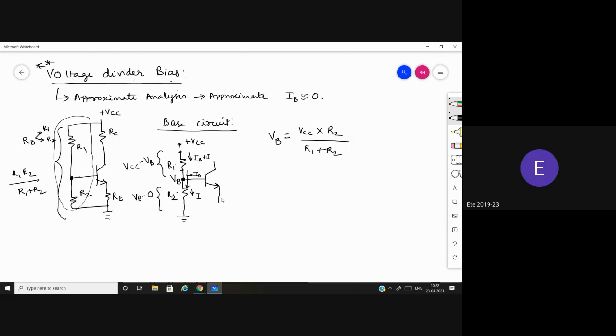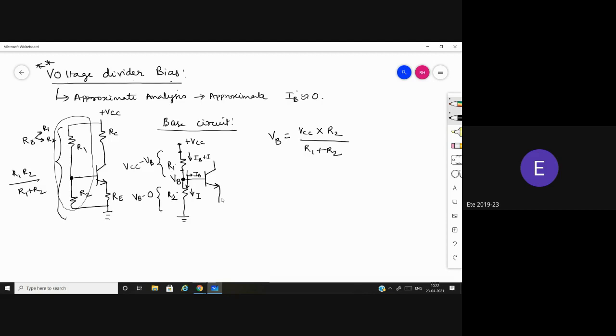Now you can see that the base voltage is strictly dependent upon VCC, R2 and R1, right? Do we have any term relating to beta? No, sir. So this base voltage is not dependent upon beta. Even if you change the transistor, the base voltage remains the same.